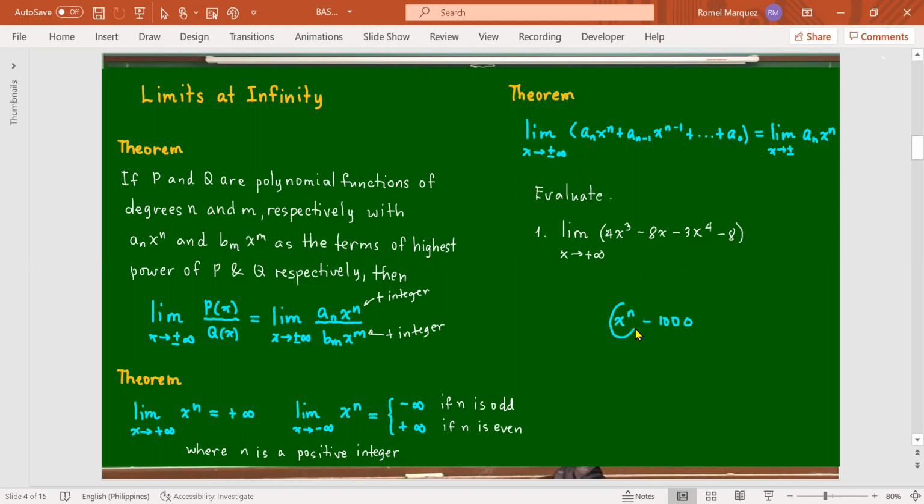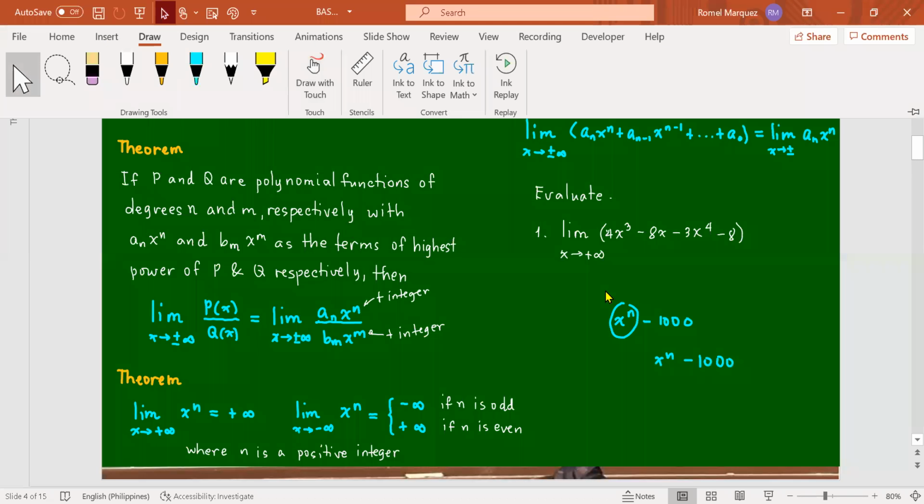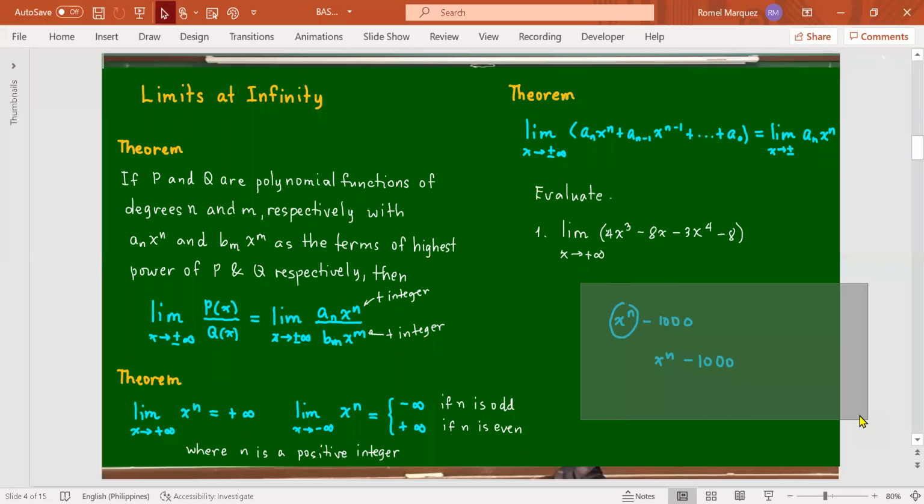So only here will the value depend. Is that clear, guys? So meaning when you graph x to the n and x to the n minus 1,000, at very big values of x, they will have the same graph already. Is that clear, guys?